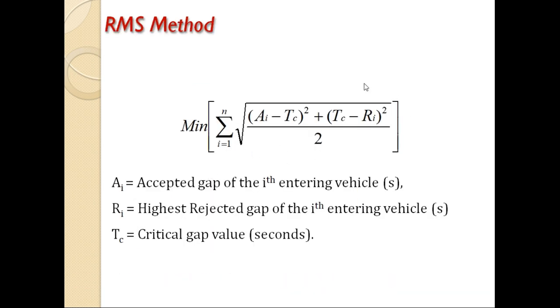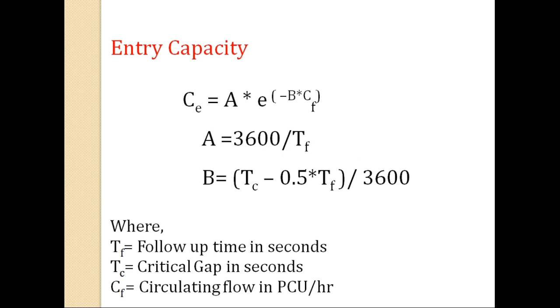That is the equation. So it was optimized and Tc was calculated. Once you know the Tc, then you can find out the capacity, the entry capacity of an approach using the same equation as given in the highway capacity manual of US. And here Tc and Tf are two parameters.